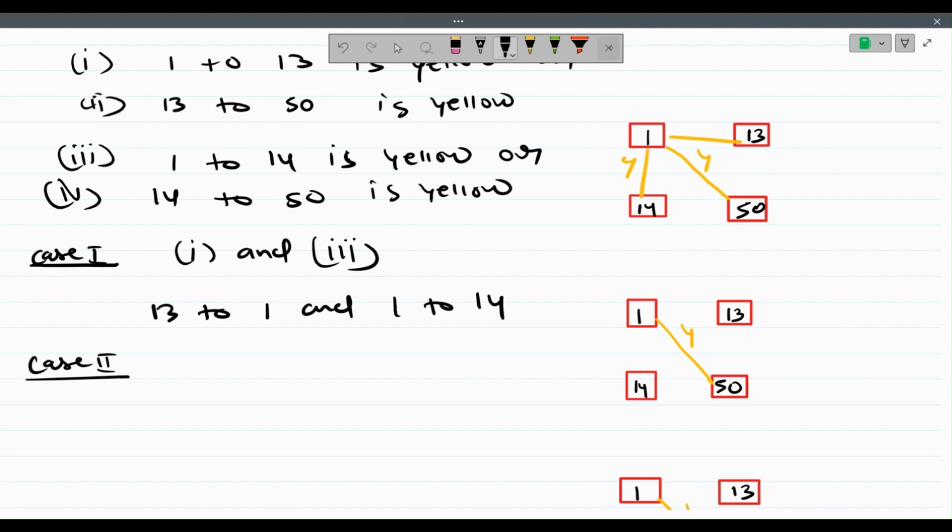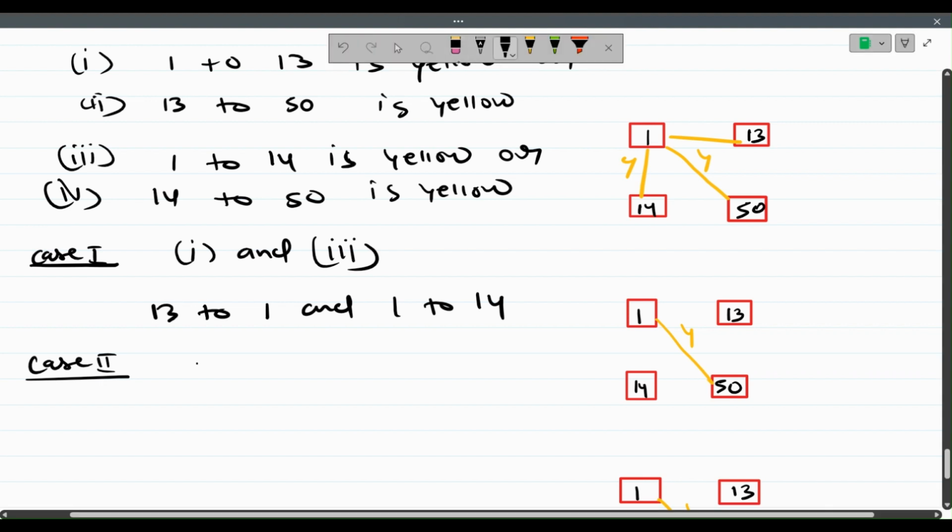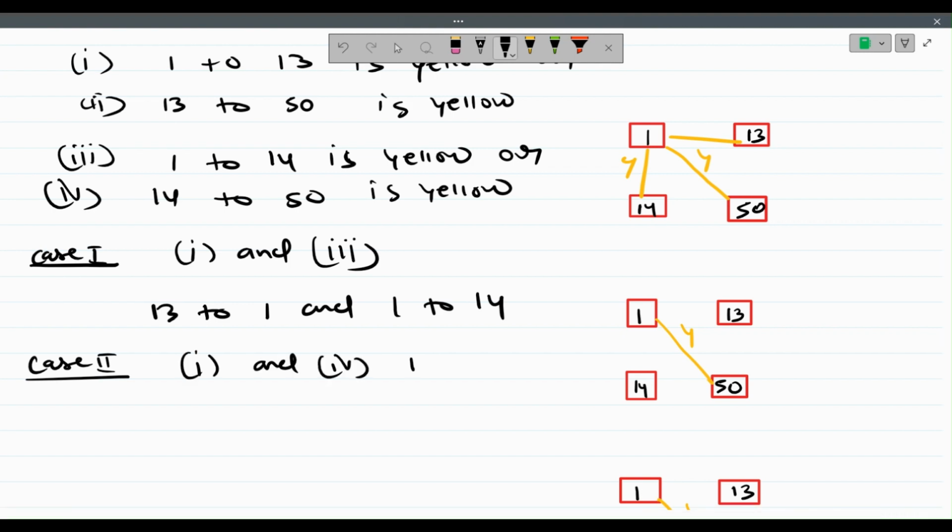All right, case number 2. In case number 2, we assume that condition number 1 and 4 are true. Condition 1 says that there is a cord between 1 and 13 which is yellow, and 4 says that between 14 and 50 is yellow.